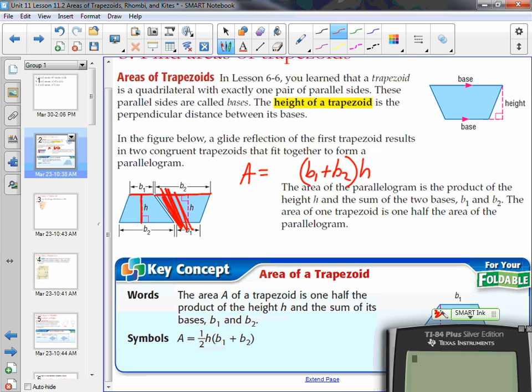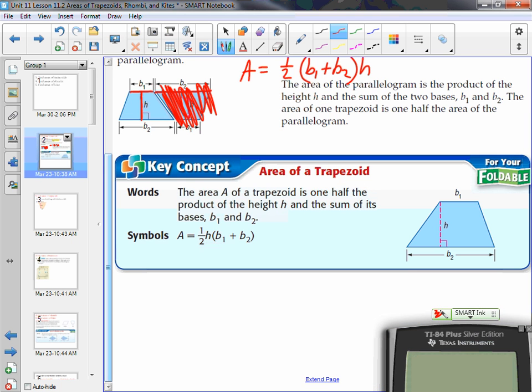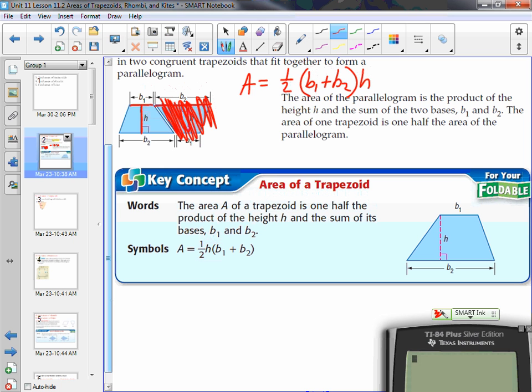Get rid of one of them, and since they were congruent to start with, isn't the area of what's left half the area of that parallelogram? So throw in a 1/2. Now, it's common practice to put the H in front of the parentheses instead of behind it. So here's the formula for the area of a trapezoid that we're going to use.